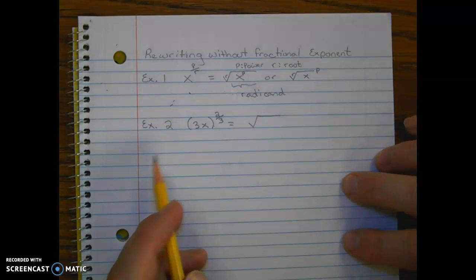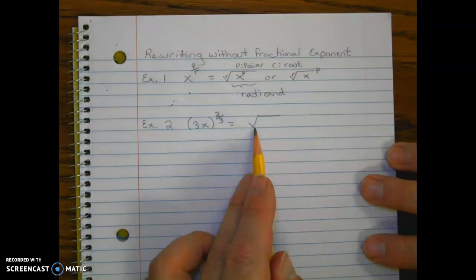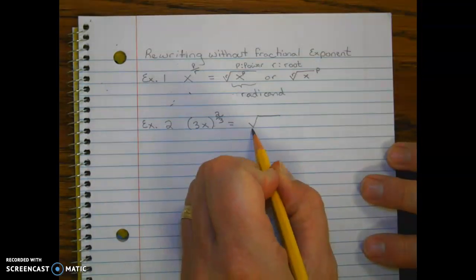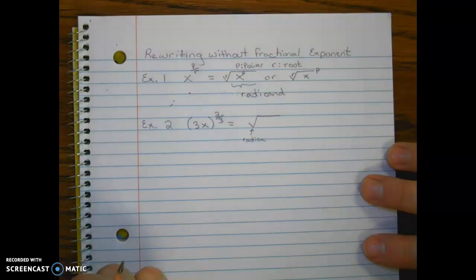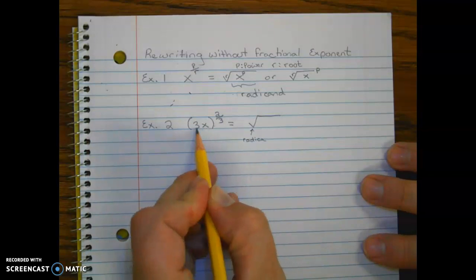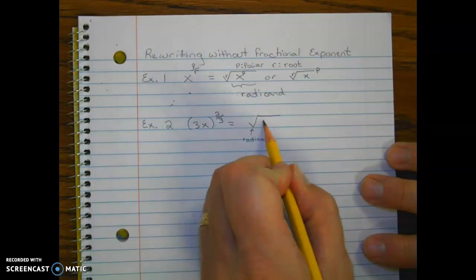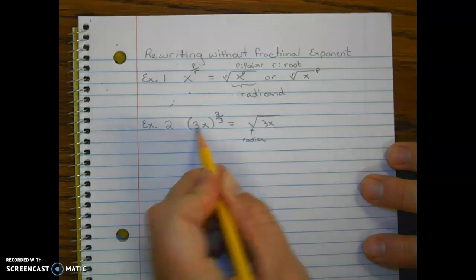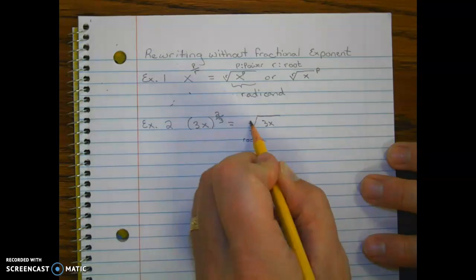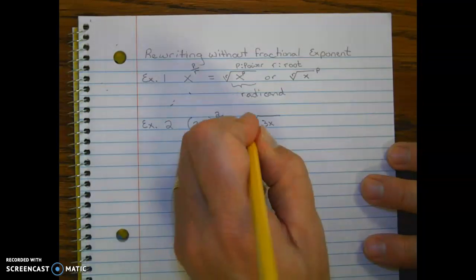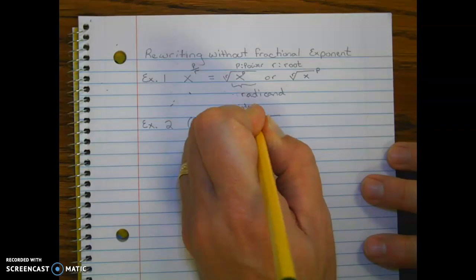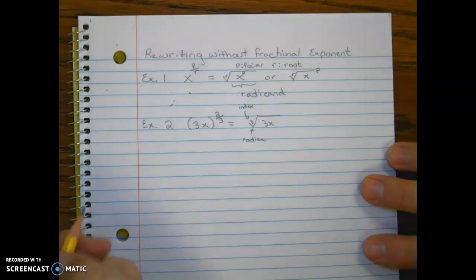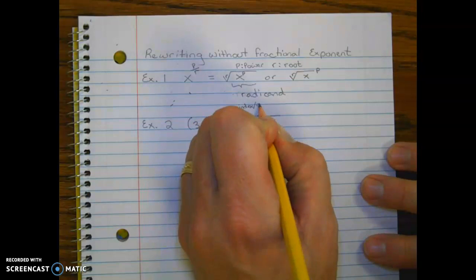Anyway, so first thing we're going to do is draw the radical. So this symbol right here is called a radical. Then we're going to put the radicand in. Okay, and then we're going to put the root in here. It's also known as the index, aka root.